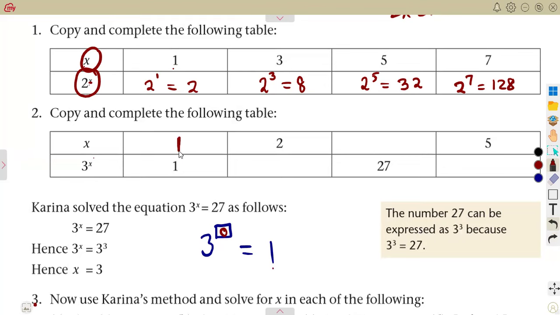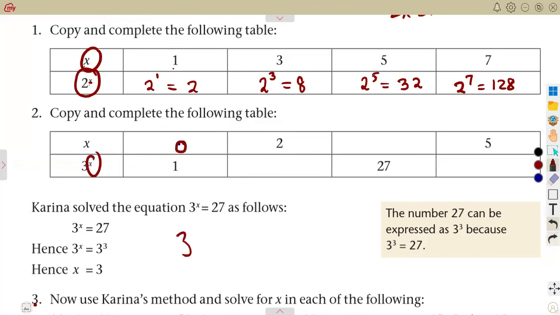So x in this case was supposed to be a 0. In place of x, you are going to put a 0. X represents the exponent. So x was going to be a 0 in that case. So it's like you're solving for x, you see now. On this item, you are given x, which is 2. What will be the answer there?